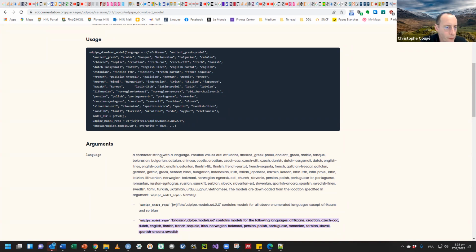It works with Afrikaans, spoken in South Africa, Ancient Greek, and you have different versions, Arabic, Basque, Belarusian, Bulgarian, Catalan in Spain, Chinese, Coptic, Croatian, Czech, different versions, Danish, Dutch, English, Estonian, Finnish, different versions of French, Galician, German, Gothic, Greek, Hebrew, Hindi, Hungarian, Indonesian, Irish, Italian, Japanese, Korean, etc. So you can see quite many languages from different parts.